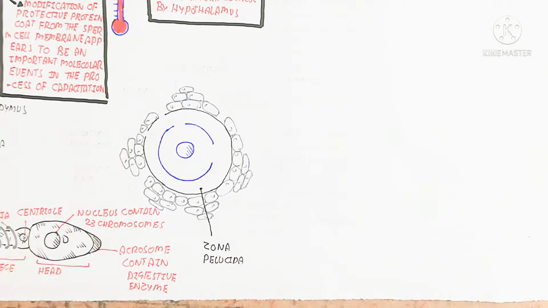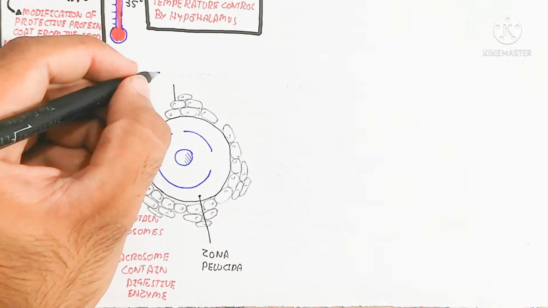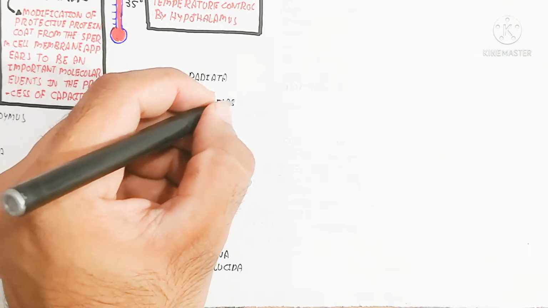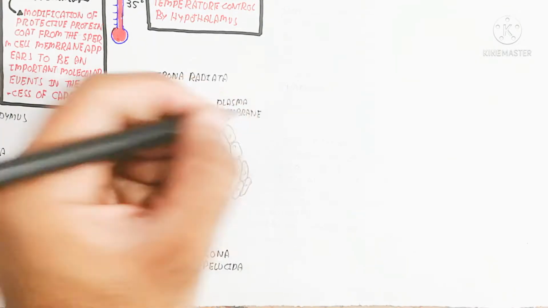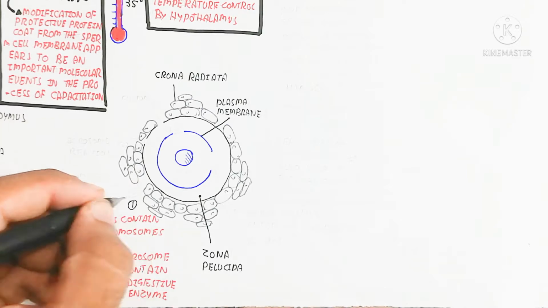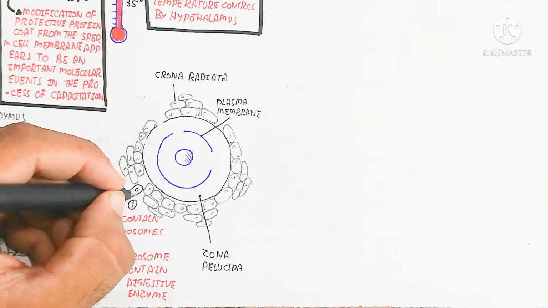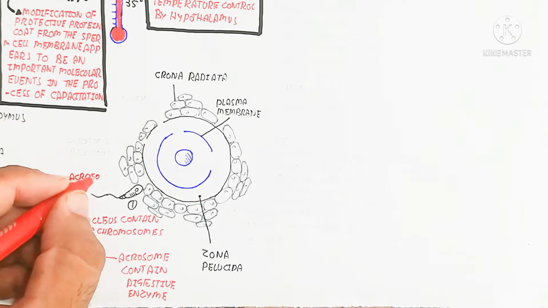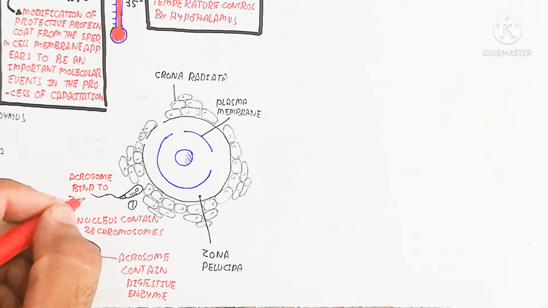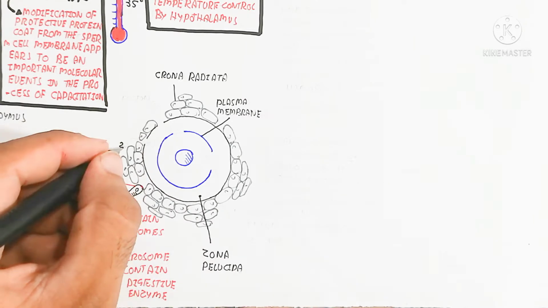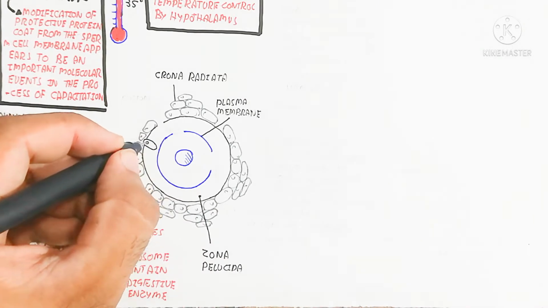Here is the egg, which contains the zona pellucida on the inside, while the upper side is known as the corona radiata, which is made up of cells. When the sperm first enters, the acrosome binds to the zona pellucida before moving inside the corona radiata and produces the acrosomal reaction.